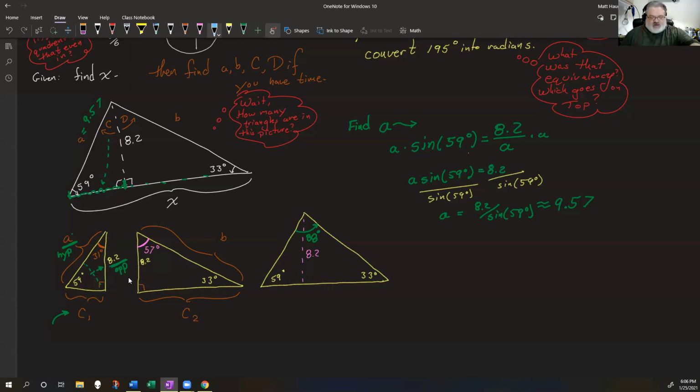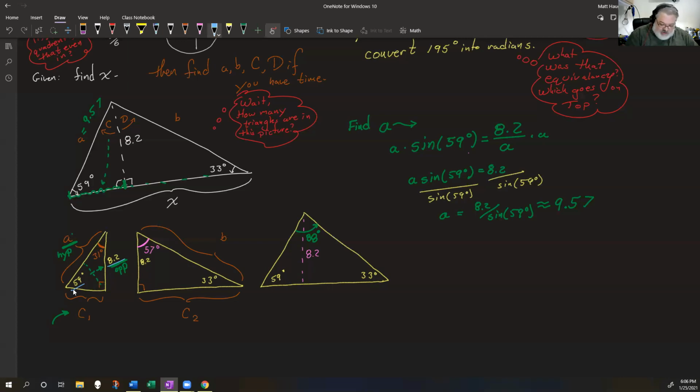The 9.57, we calculated. So it would be best, habit-wise, for us to use the 59 and the 8.2 in our calculations and avoid the other values if we can. Does that seem reasonable? Sometimes you have to use information you calculated to find other things. But if you don't have to, it's best to be in the habit of not.